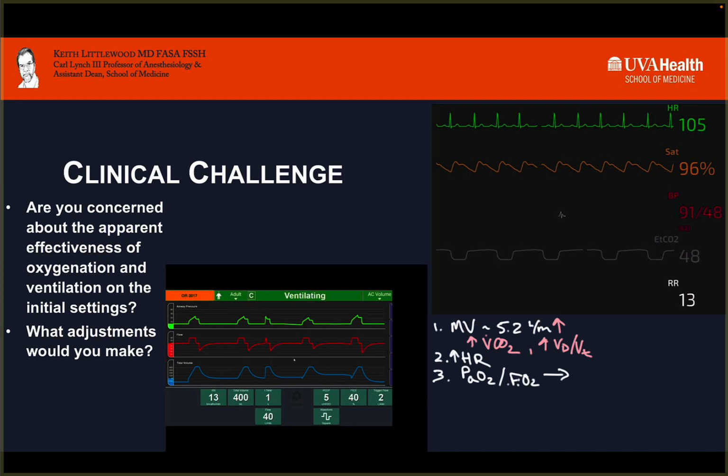So that's 100 over 0.4. That's about 250. And I'm going to leave it to you to look for PF ratio. And you might want to look in the ARDS literature to get a sense of where this came from. But it's used for considering at least general efficiency of oxygenation and whether you think this is good or not.